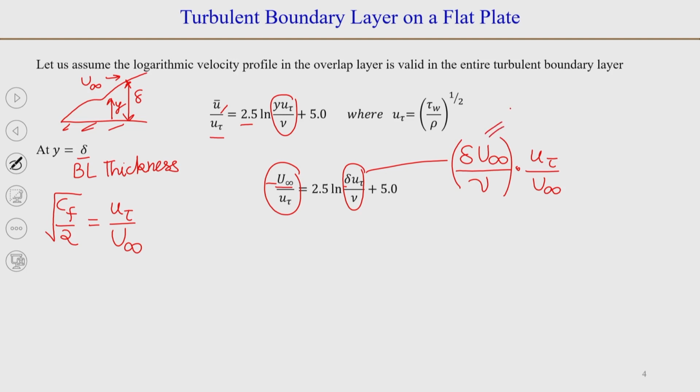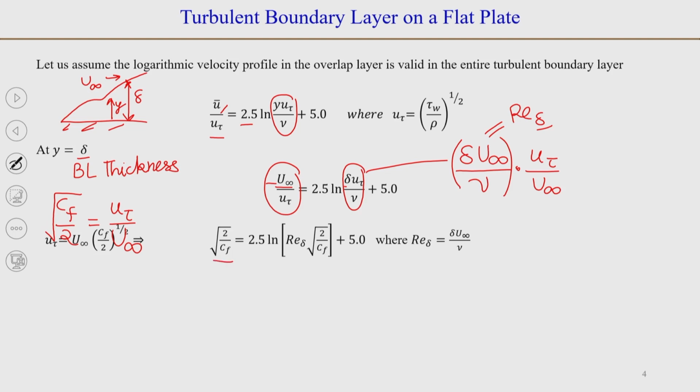So, we will call it Re delta, which represents that the length scale here is delta, the boundary layer thickness. So, then we can substitute u infinity by u tau is equal to square root of 2 by Cf, is equal to 2.5 ln Re delta, which is this, and u tau by u infinity again square root of 2 by Cf, plus 5.